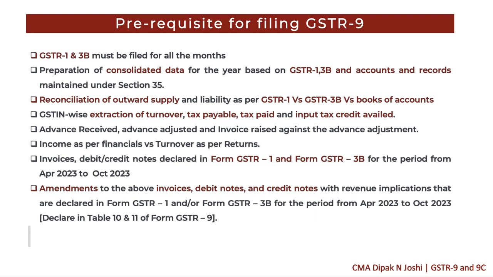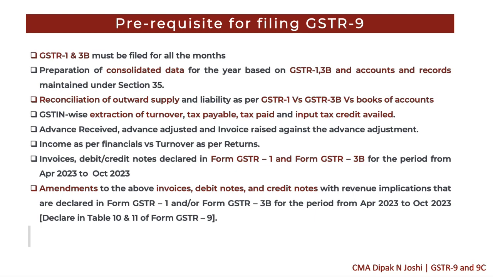However, in some exceptional situations, there might be a variation between the books liability and the liability declared in GSTR 1 and GSTR 3B. In such scenarios, the registered person must prepare a reconciliation statement stating the reasons for the difference in liability between GSTR 1, 3B, and books of accounts.